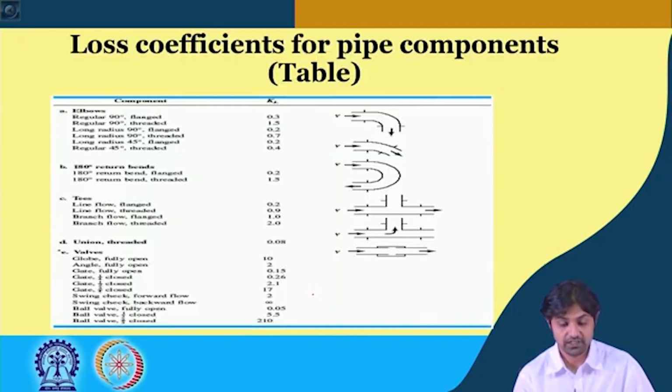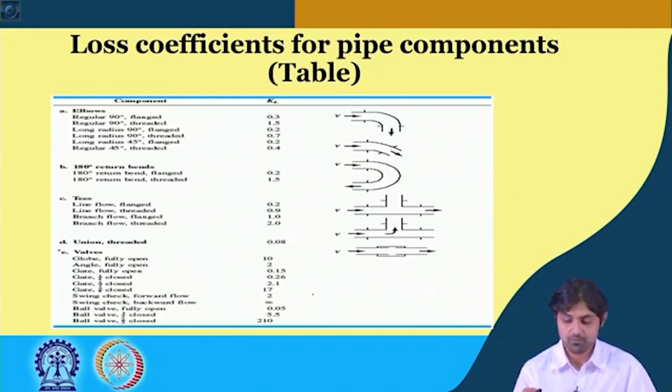So this is a table again for pipe components. For examination and assignment purposes you can keep the tables with yourself, but in exams these values will mostly be provided. Only those values which are very common, like the K entrance, K exit, sudden contraction, sudden expansion and things like that, those values will not be provided and you are expected to know the formulas.